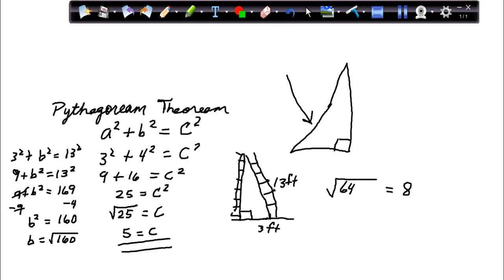Well, you put it in your calculator and hit the square root symbol, and it'll give you an approximate value. So that's what you see there. b approximately equals 12.6. That's what the squiggly equal sign means. It means it's an approximate value.